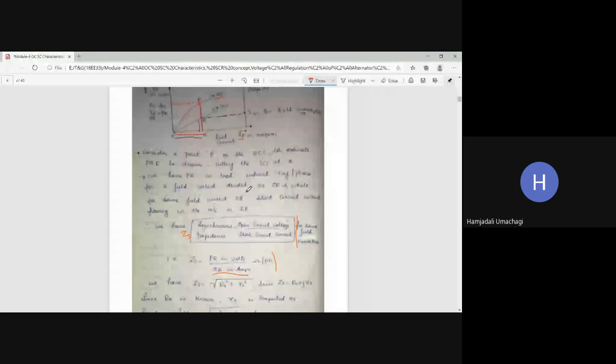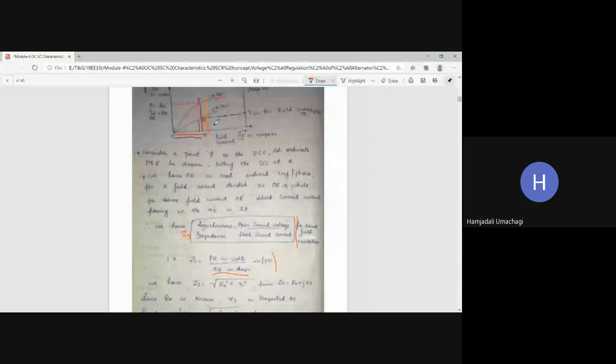If you take voltage at this point and current at another point, that would not be correct. The condition is for the same field excitation.